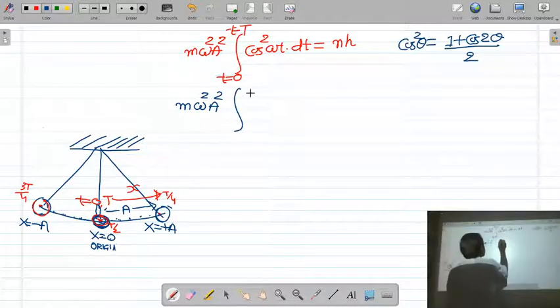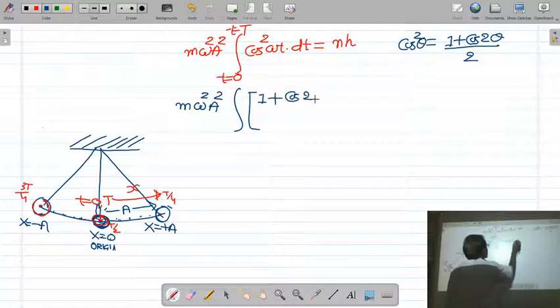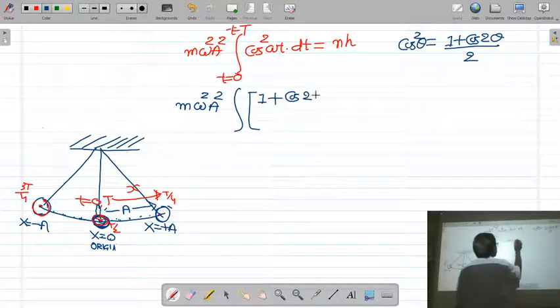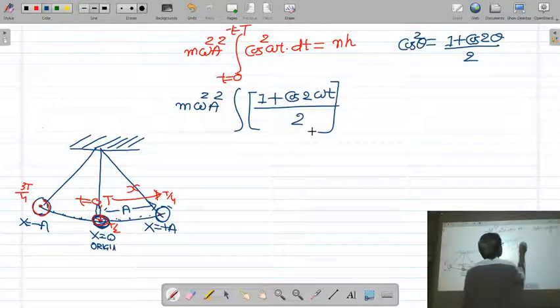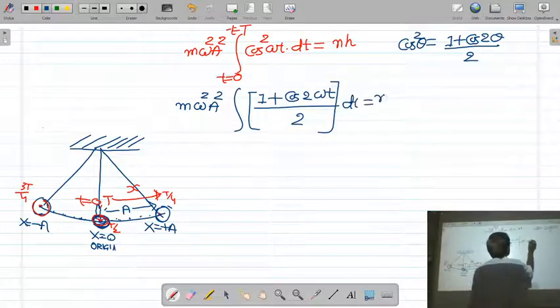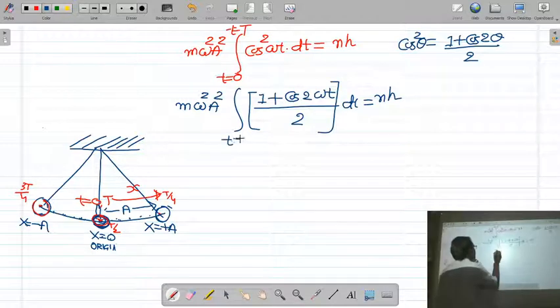So cos square omega t can be written as, instead of theta we write omega t, 1 plus cos 2 omega t divided by 2 dt, equal to nh. The limit of time is from 0 to T.